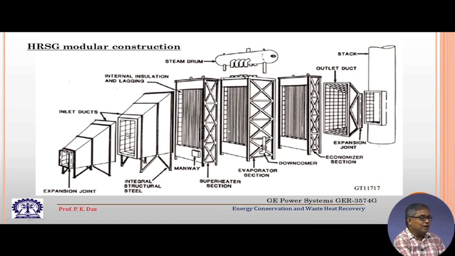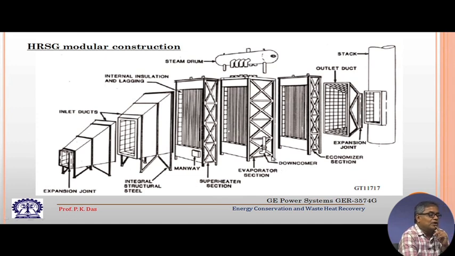Basically, we can think of the HRSG as a duct. Of course, the duct is not of constant cross section, and in that duct there are a number of heat exchangers. Hot gas flows through the duct, and its temperature reduces as it encounters different heat exchange surfaces. The first one is the superheater, which we can correlate with our earlier diagram. So, this is the superheater section.